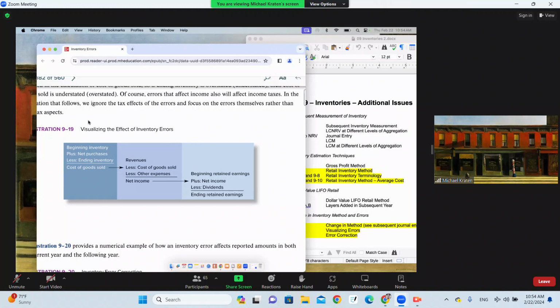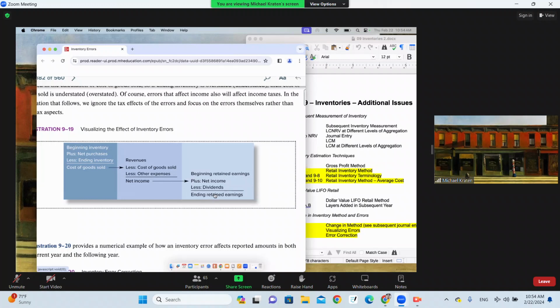Because that's the one that we need to modify. So we just went through an example of having to modify old prior year revenues, which are now swept into prior year net income, which gets swept into retained earnings.